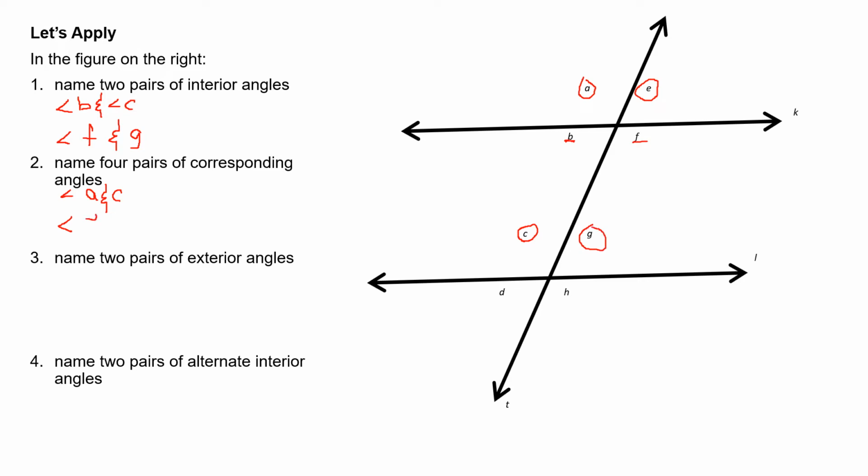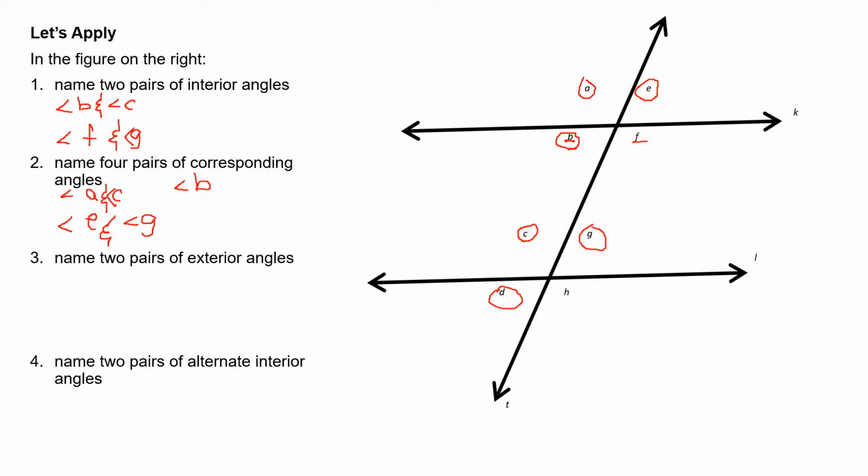So we have angle E and angle G. I forgot to put an angle symbol here. Next we have angle B, which is the interior, and angle D, which is the exterior.